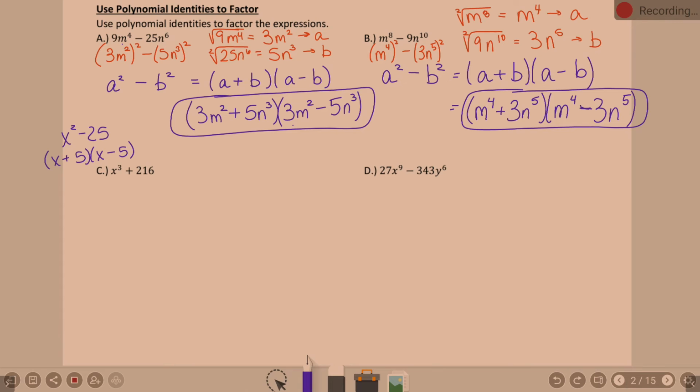You know where to do cube roots on your calculator? If you're using one of the TI-30X2S's here, here's your square root.